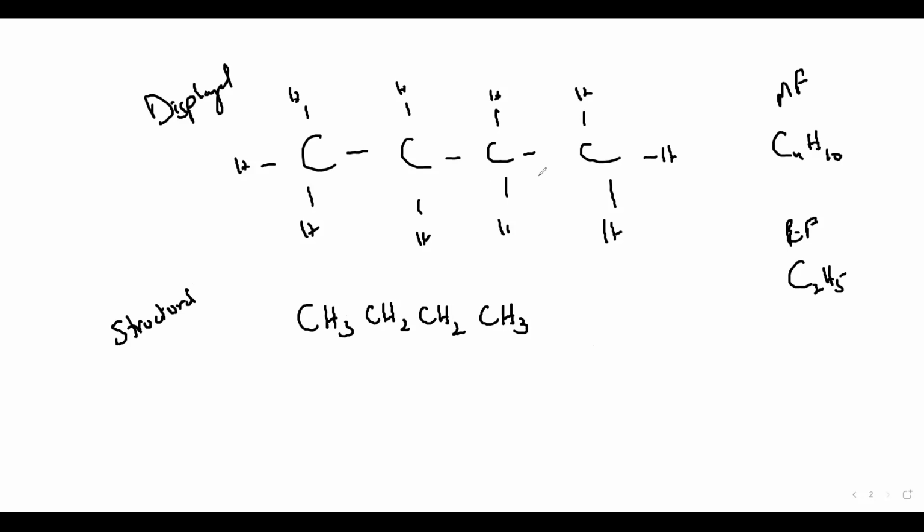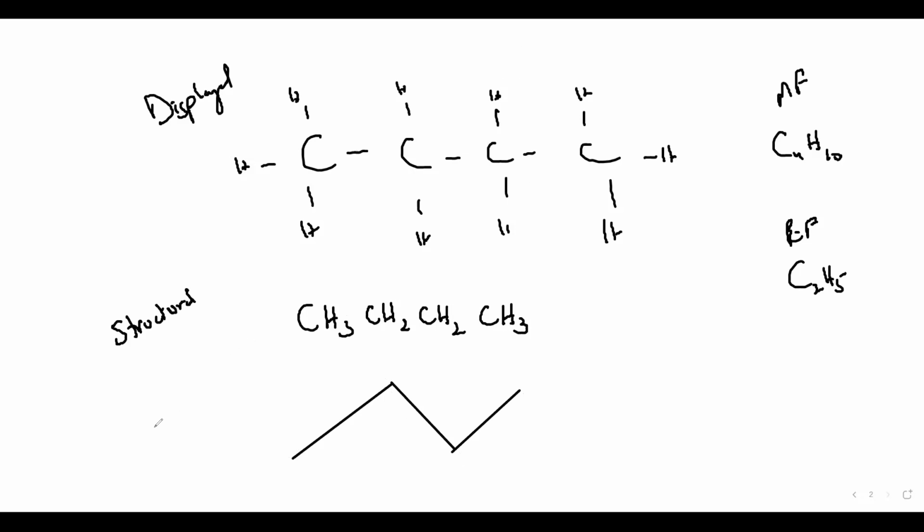And if we represent only the carbons and the functional groups by lines, we call that a skeletal formula. So 1, 2, 3 and 4. This is the first carbon, second, but we don't have to write the numbers, we just represent the skeleton of the molecule.